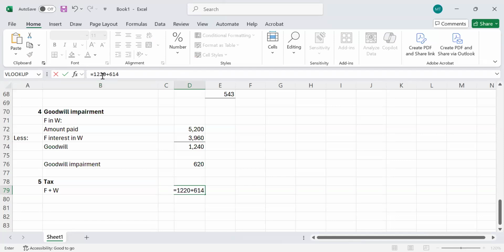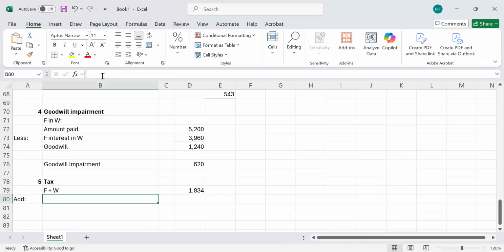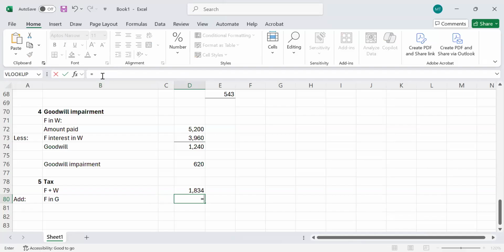Right, and then we will add the associate's tax, only the amount purely based on the shareholding interest. Only 25%. The tax figure of the associate is 440, but we are only interested in 0.25. We cannot claim the rest. So 110 is the actual figure we will take into account. So total tax figure 1834 plus 110, 1944.